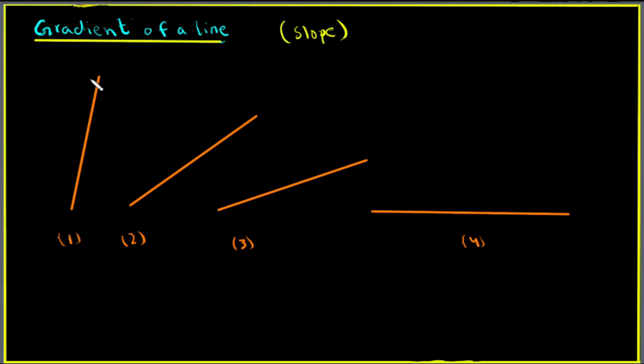You can just check it out, or imagine it like this. You put a ball here, and the ball will roll down in the fastest way possible to hit the ground. If you put a ball here, it will roll down eventually, but it will be slower than in line one, because the slope in line two is less, so it will take a bit more time to roll down.